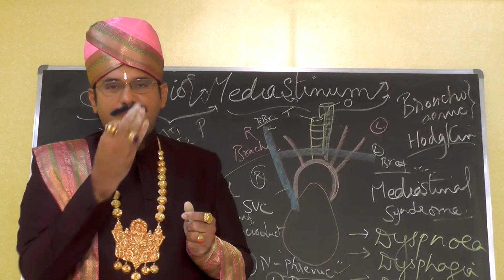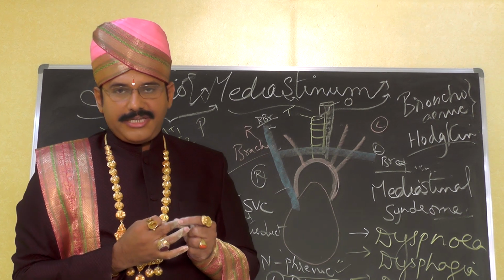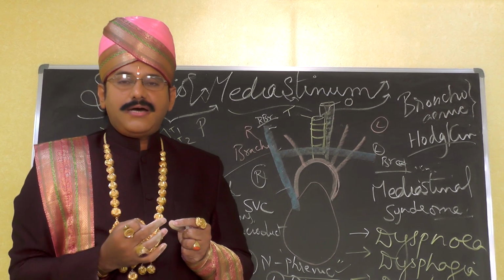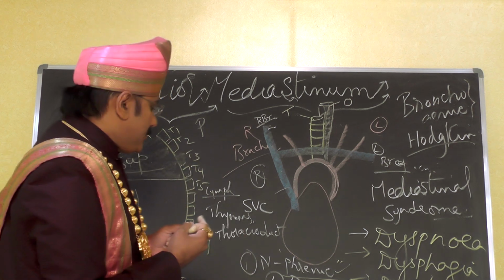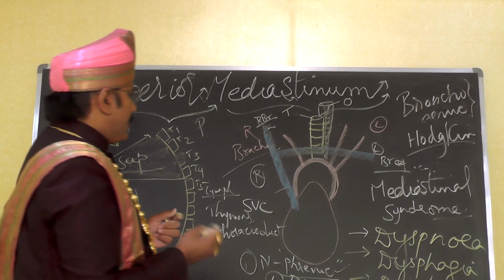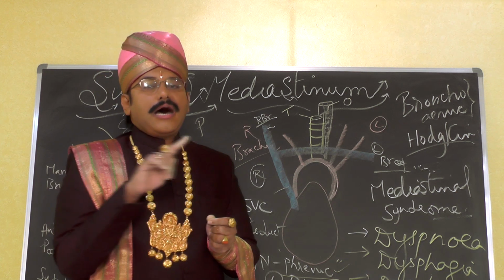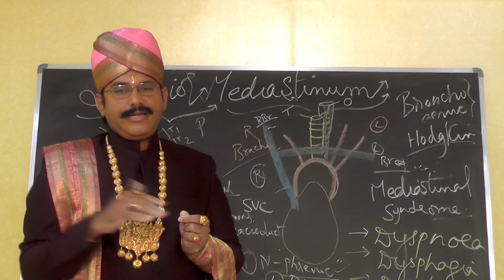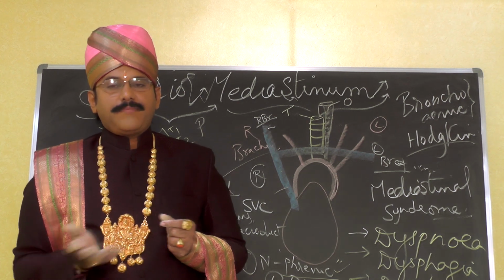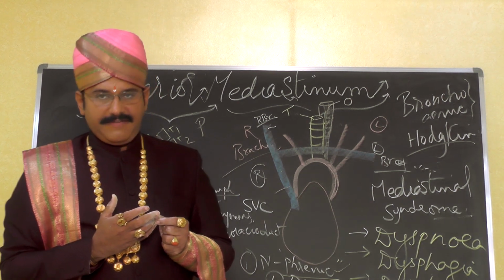In between these two tubes you have got the left recurrent laryngeal nerve. We are having the phrenic nerve and the cardiac plexus of nerves also present in the region of the superior mediastinum, along with the vagus nerve. We have got the arch of aorta with the brachiocephalic artery on the right side, the left common carotid and the subclavian arteries on the left side.